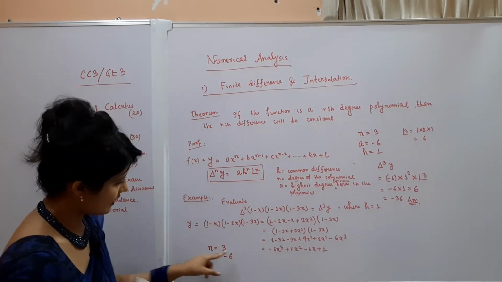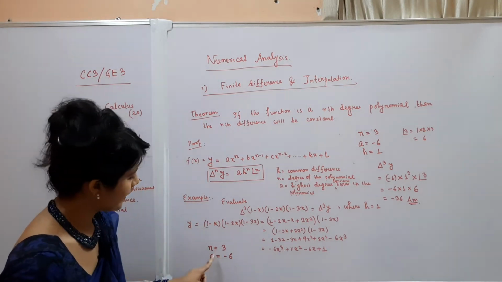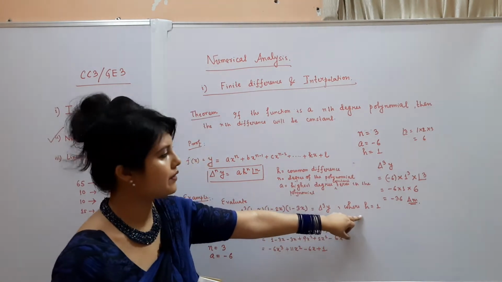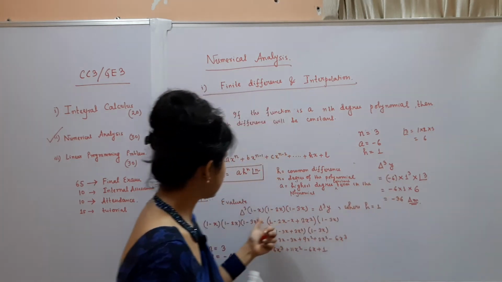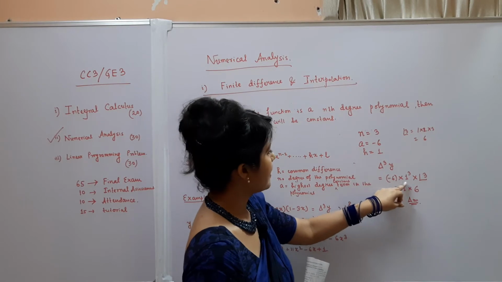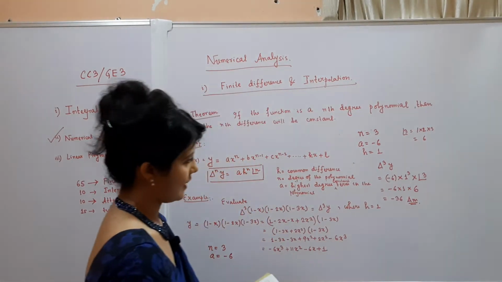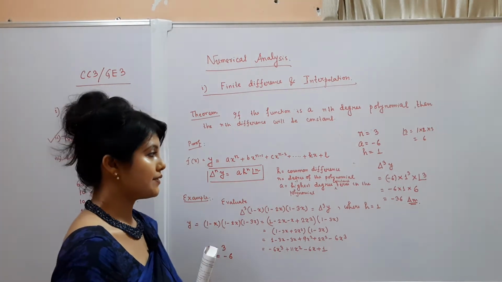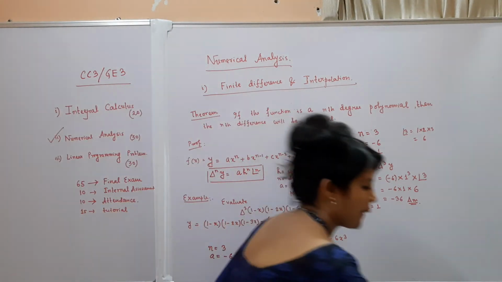It shows that the degree of the polynomial is 3, a is minus 6, h is 1, which is already given to you. So the third degree difference will be a into h to the power n into factorial n, and this will give you minus 36. This kind of exercise is very important for your exam also.